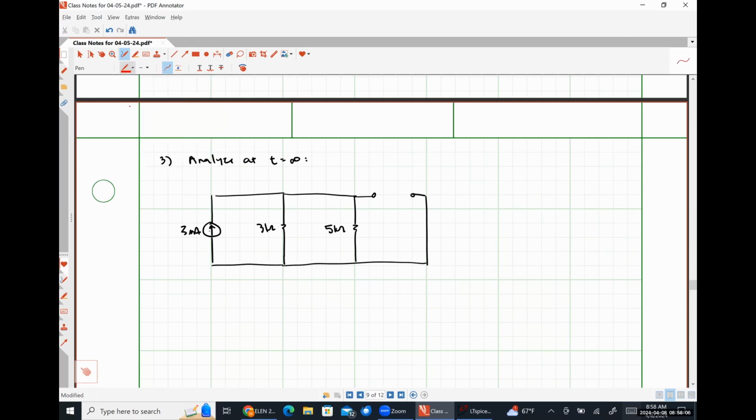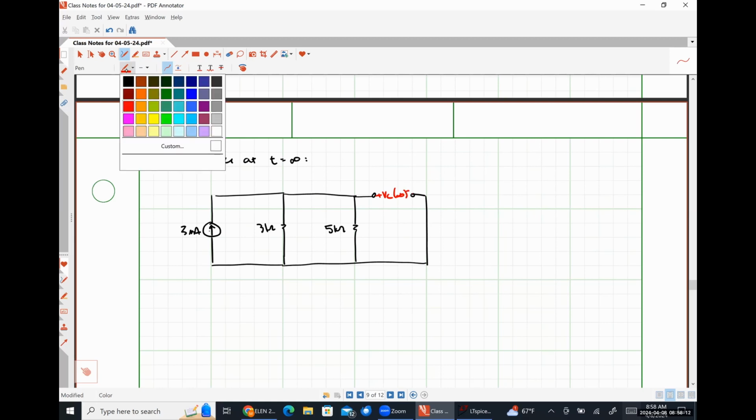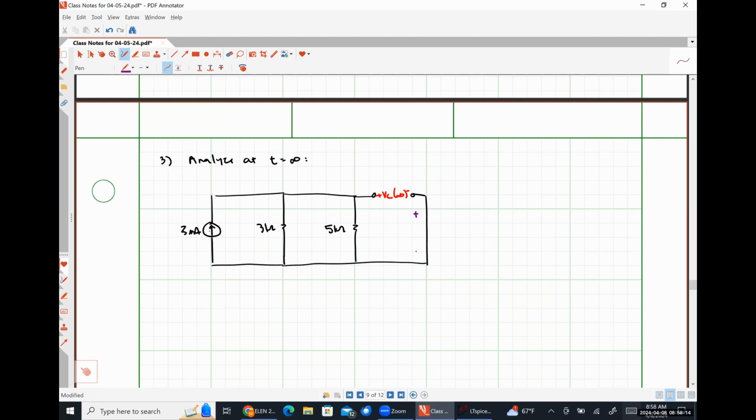So let's see here. This is VC at infinity, VL at infinity, and IL at infinity. So let's start with the easiest thing. IL at infinity has to be what?